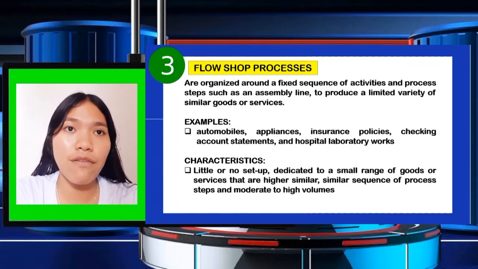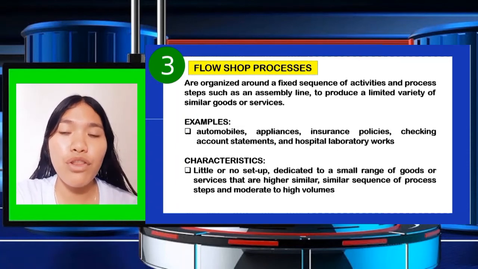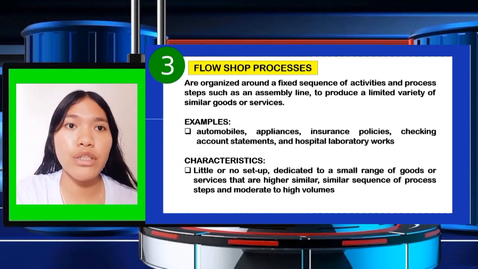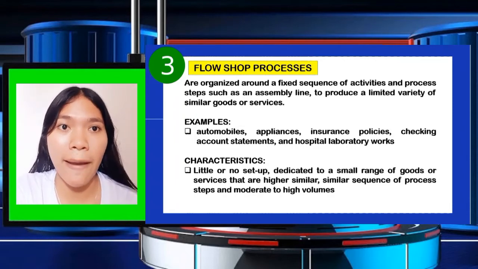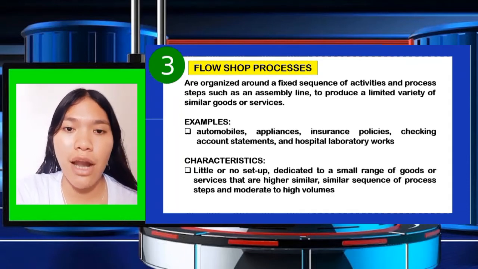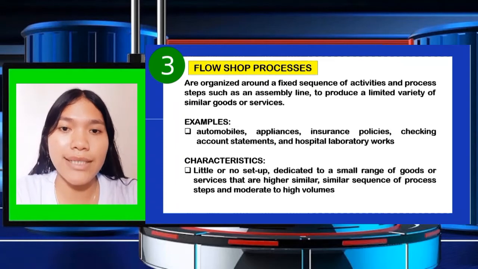So, it means that in the flow shop process, both machines and humans work together to produce products of similar types and huge quantity. But here, production does not run continuously around the year. So, mauto siya sa flow shop processes.